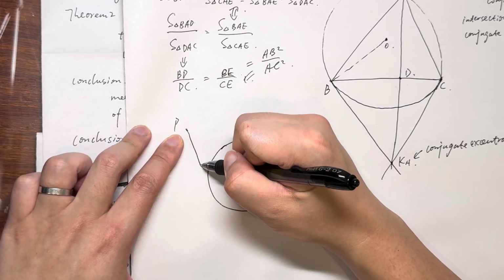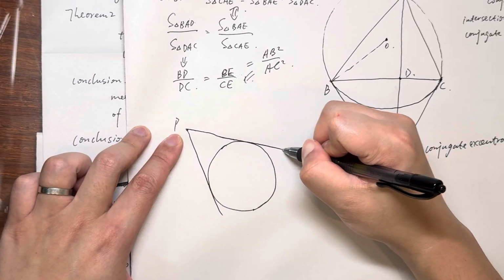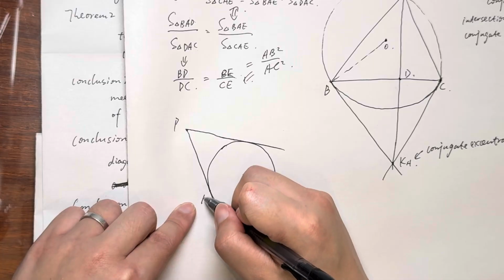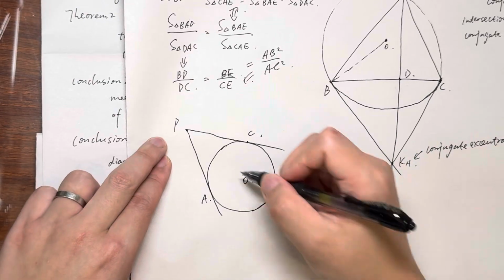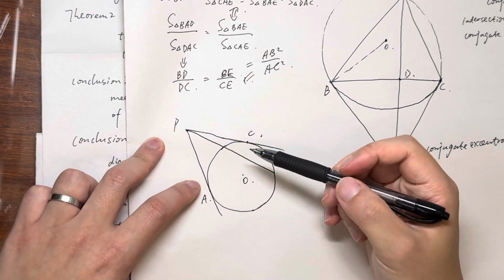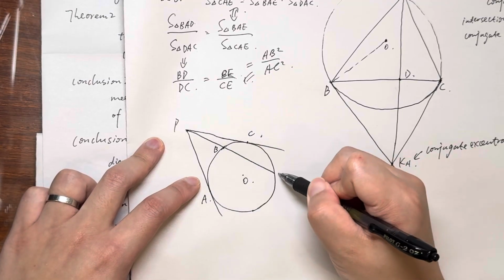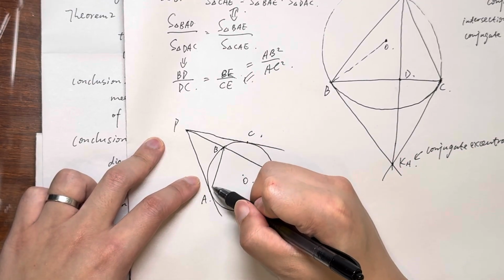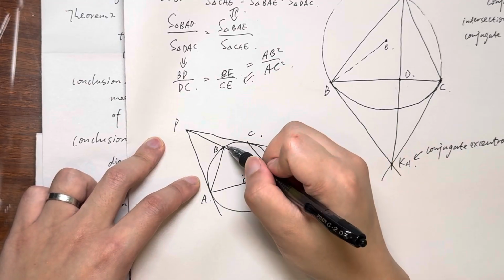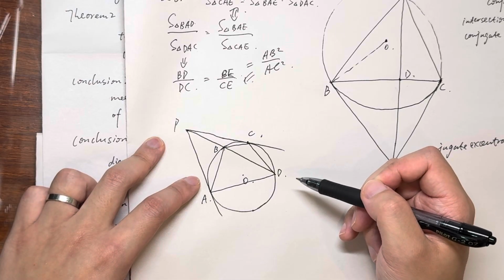And if we find two tangent lines from P to the circle O here, and we call this point A, we call this point C. If we just draw another line that intersects the circle O at points B and D, then we know that ABCD is a harmonic quadrilateral, right?